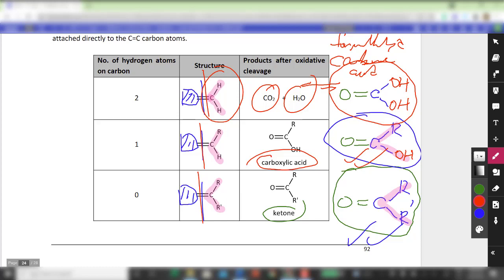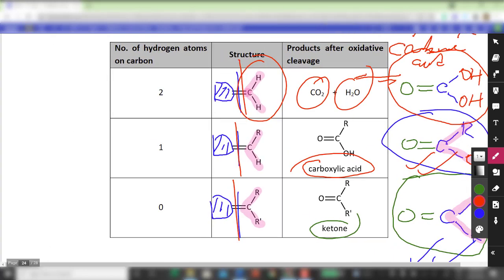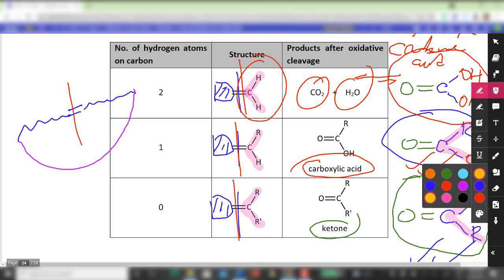But please take note that oxidative cleavage does not always mean that I'm going to get two separate compounds. What I meant is, if I have a long alkene like this, and then another long alkene, if I undergo oxidative cleavage, I'm going to get two products. However, if it's a cyclic alkene, and I undergo oxidative cleavage, my product will still be one whole product, which will be like this.